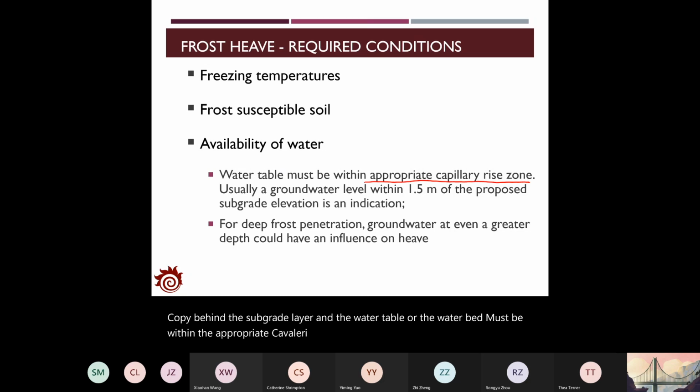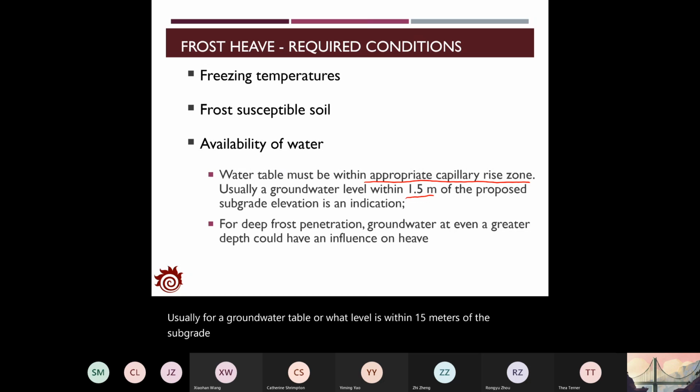If the depth of the water table is too high, then you cannot get any water. I mean, the voids and the ice lens cannot attract any water from the water table. Usually for a groundwater table, the water level is within 1.5 meters of the subgrade elevation.